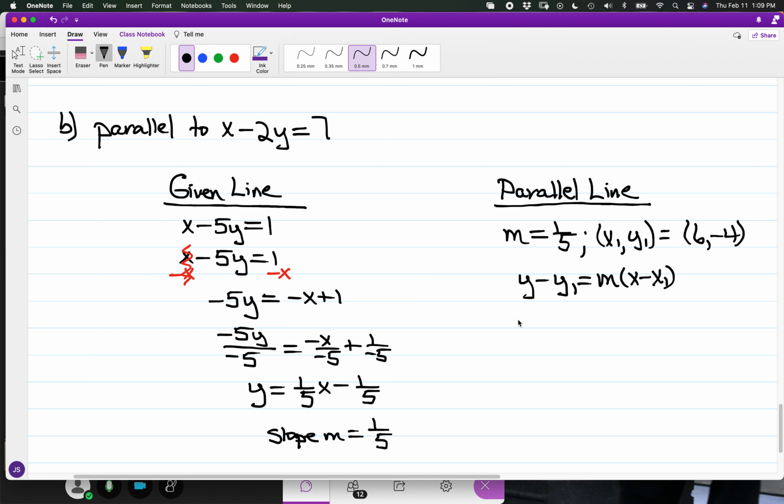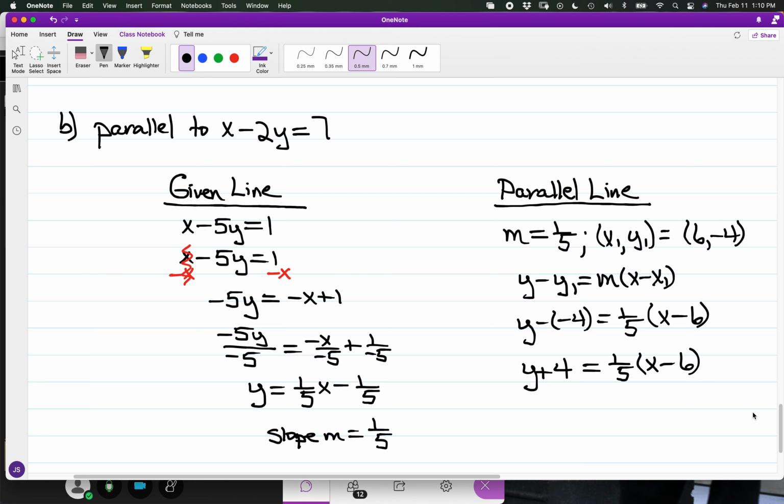Okay, so we have y minus y1, so we have y minus -4 is equal to the slope m, so we have 1/5 times the quantity of x minus 6. So again, y minus -4, so this will be y plus 4 is equal to 1/5 times the quantity of x minus 6.